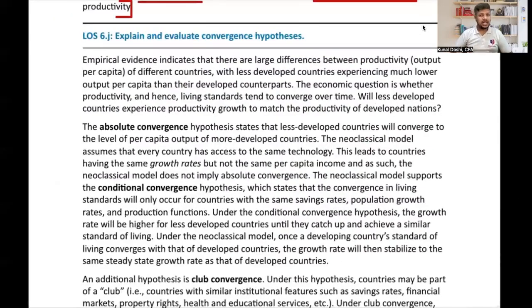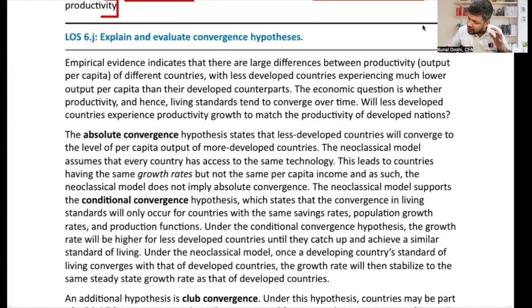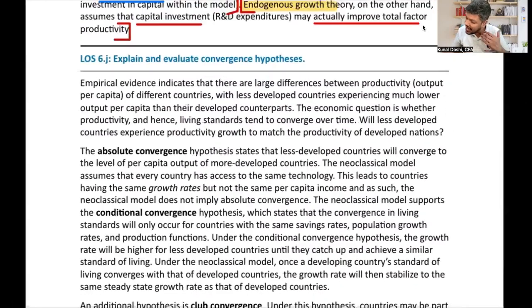Now, what is the convergence hypothesis? First of all, we need to understand that the differences in productivity, or GDP per capita, between various countries are too high. If you see the GDP per capita of the top countries like US, Qatar and others, that's in multiple $1,000s. And countries like India have a GDP per capita that is 1/10 of it, in fact much lesser than that.